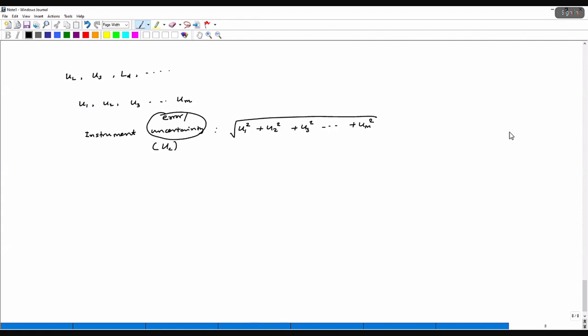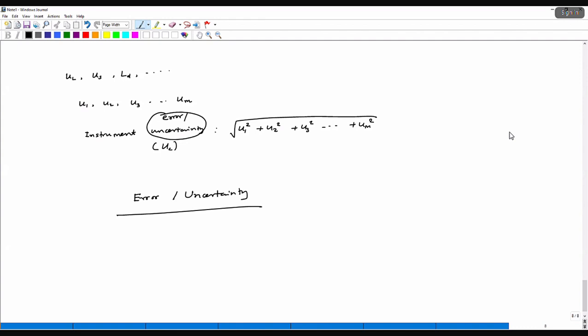But error and uncertainty are not the same. So we need to understand that. Okay. So uncertainty is basically a numerical estimate of the possible range of errors in a measurement.